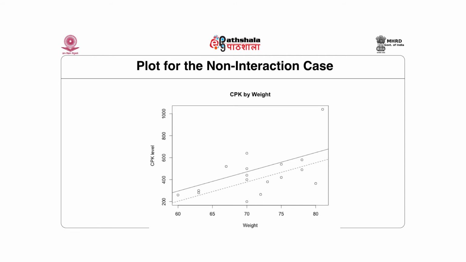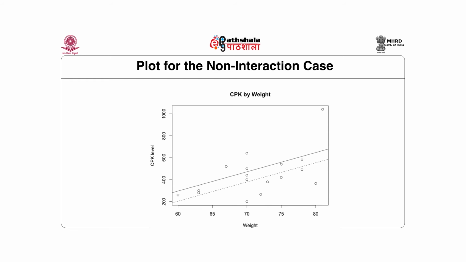This is theoretically driven, because we reasoned that there is no real reason to think that age and weight were interacting in this particular case. So we just left it at that.